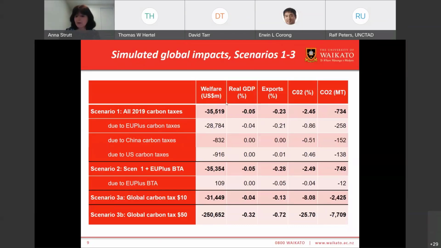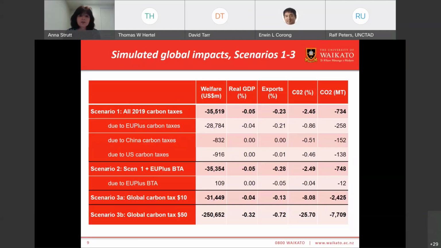And if you look down to the second line, this is those impacts that are due to just the carbon taxes that are implemented by the EU plus region. This third line down here is those that are implemented by China. And fourthly, the US. We could, of course, have done it for all of the other regions, which would have given us the totals here, but we've just identified some of them to give some idea of the key drivers. And not surprisingly, perhaps given that the EU plus region had a relatively high carbon tax, that drives quite a large proportion of the results.